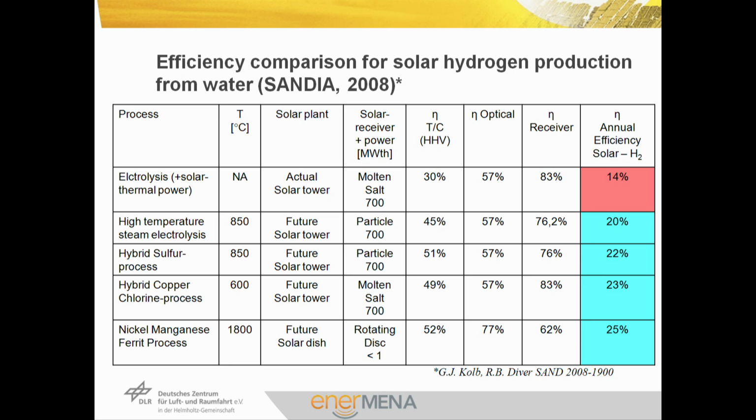There, one of the steps is an electrochemical step. So they are very much comparable to the high temperature steam electrolysis. However, the processes used are more efficient than the water electrolysis. The most efficient processes are so-called two-step thermochemical processes where only metal oxides or metal are used to split the water. Here, efficiencies up to 25% could be achieved.